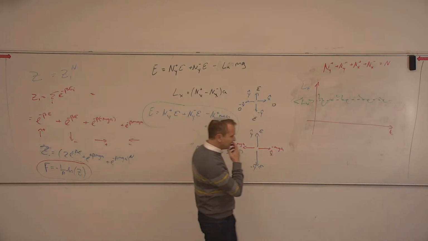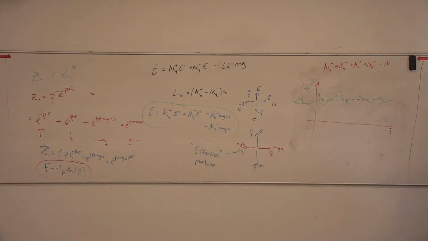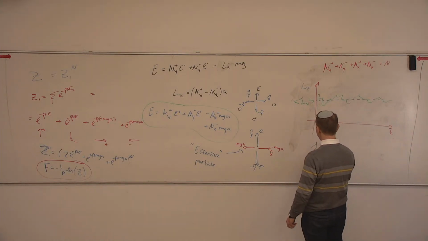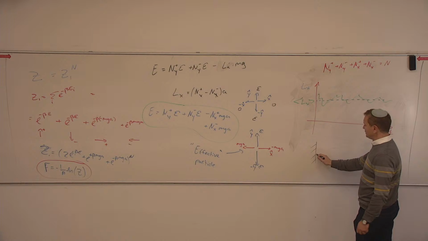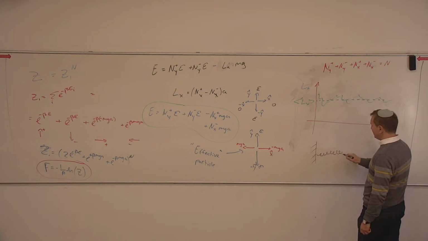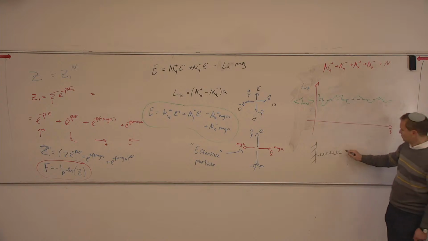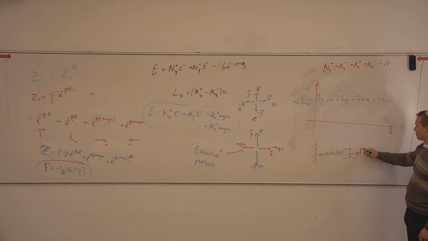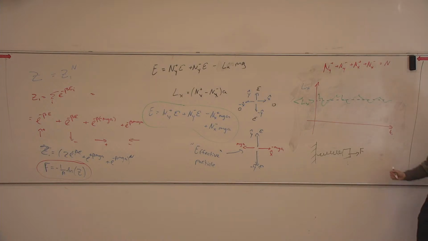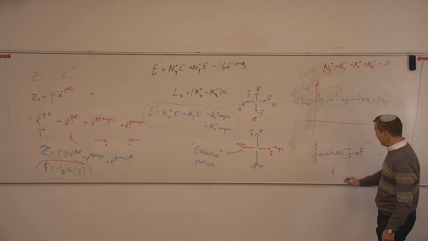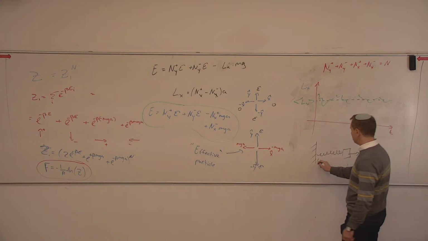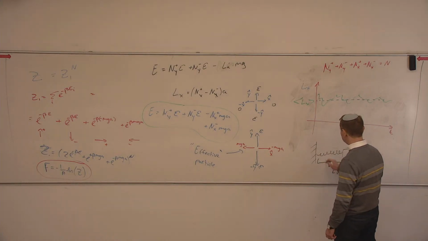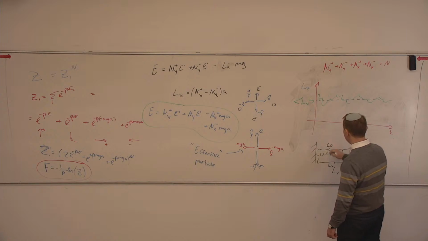Okay, so what's the idea? The idea is as follows. Let's assume that I have a wall, and there is a spring that is connected to this wall. There is a mass, and I pull on this mass with a force F. So I know that the extension, this is Lx, somewhere over here is going to be L0.